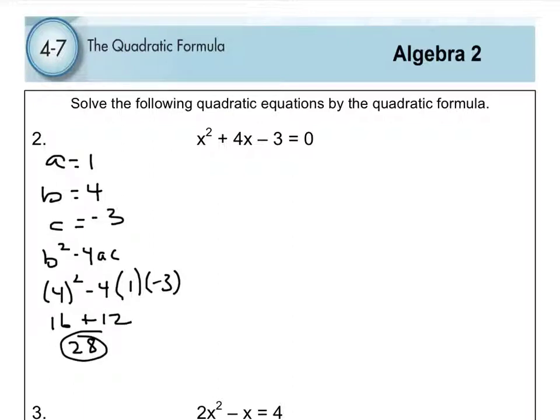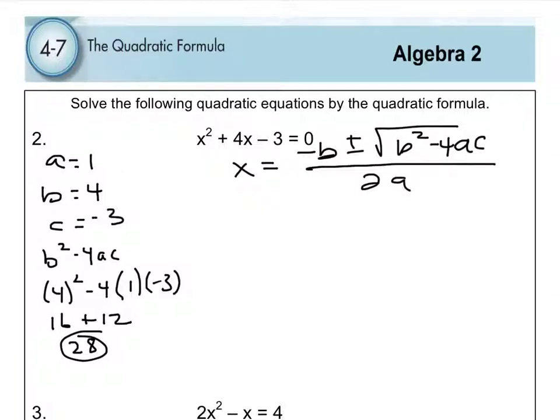Again, I'm going to substitute into this formula. The opposite of b is negative 4, plus or minus the square root of the discriminant we found, which again is 28, so it's the square root of 28, all over 2 times 1, which is 2.